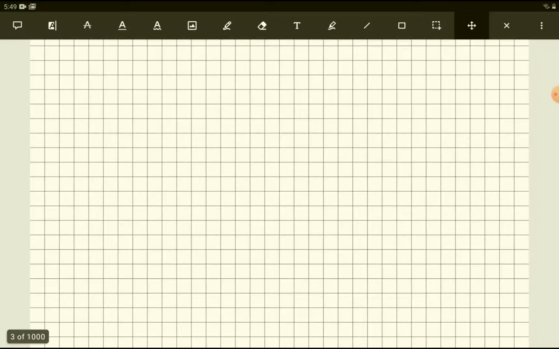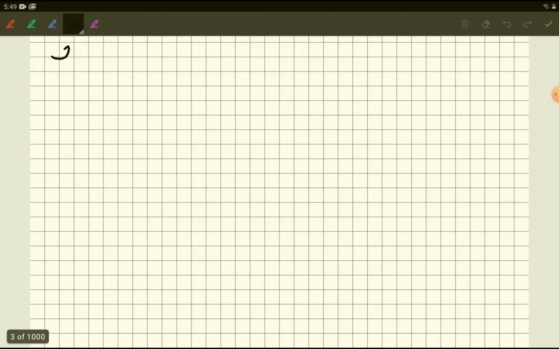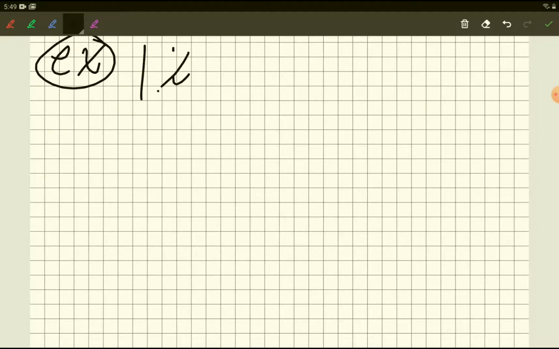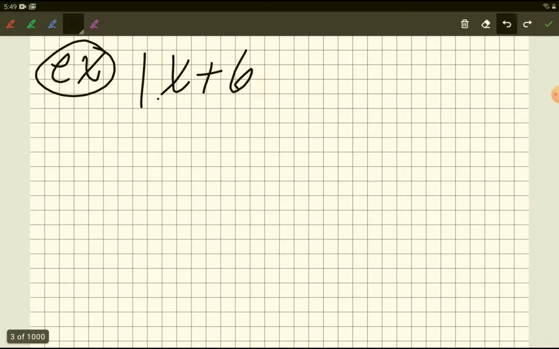So let's do some examples. Say I have the absolute value of x plus 6 equals 20. There are 2 parts.